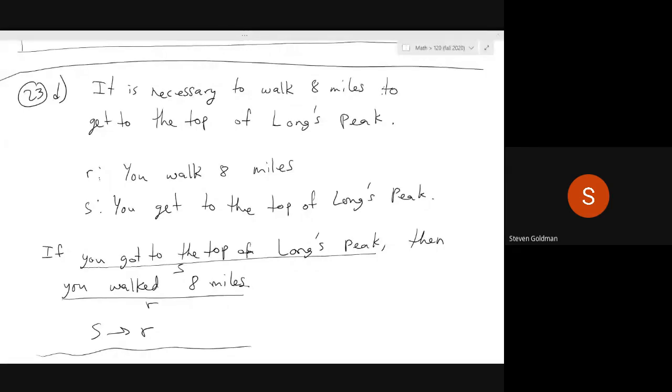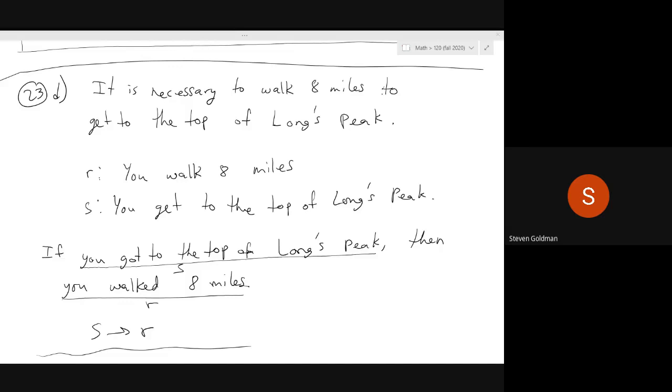In a certain sense, S is forcing R to be true. If I tell you S is true, you know R has to be true for the statement to be true. If I tell you I walked 8 miles, that doesn't mean I got to the top of Long's Peak. But if I tell you I got to the top of Long's Peak, you know I had to walk 8 miles to get there.